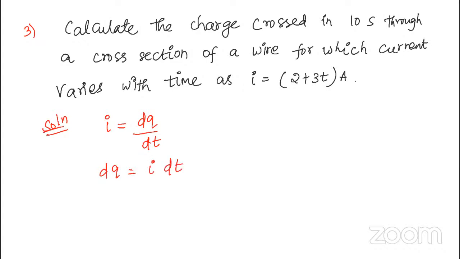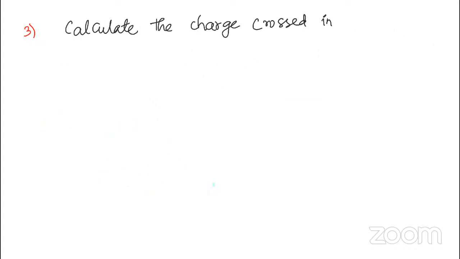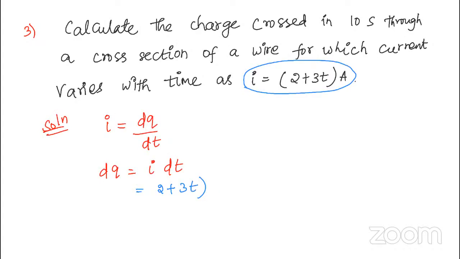So in that problem, they have given the value of current, 2 plus 3t into A. 3t into dt alone we have to write, no need to put the unit, into dt, that is dq.